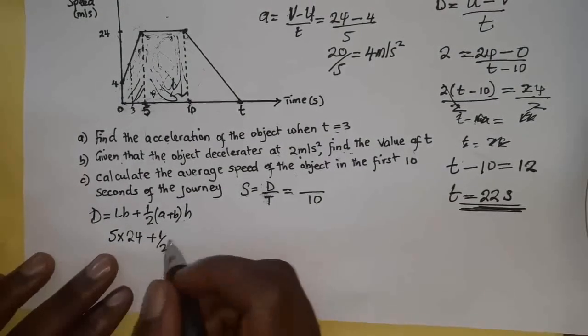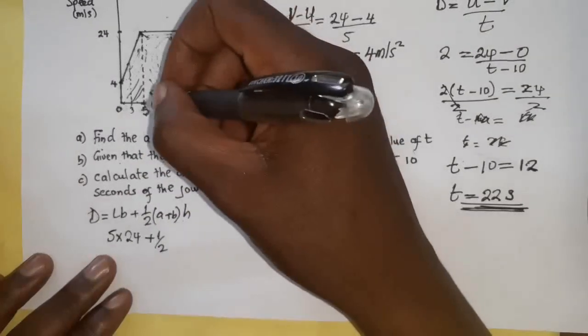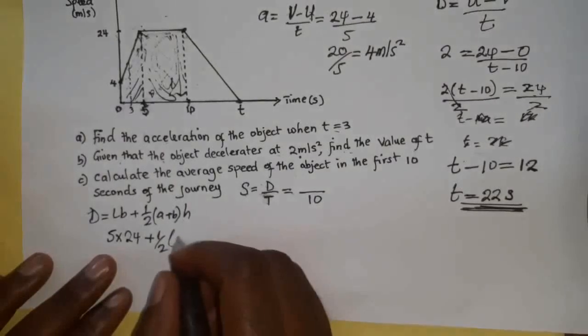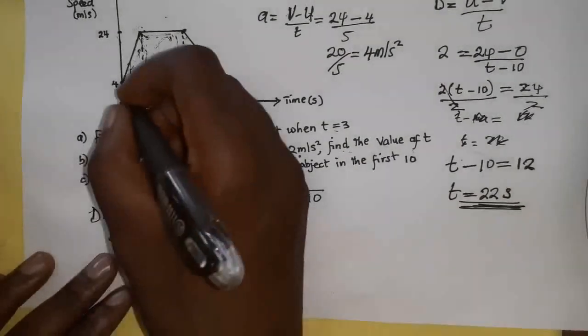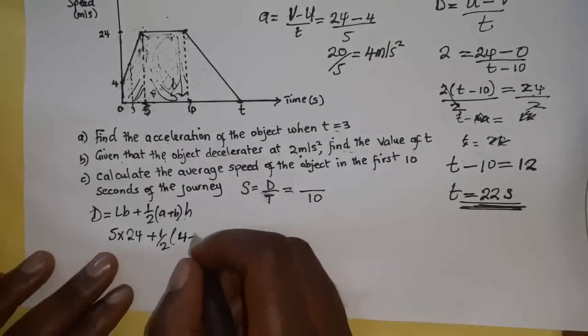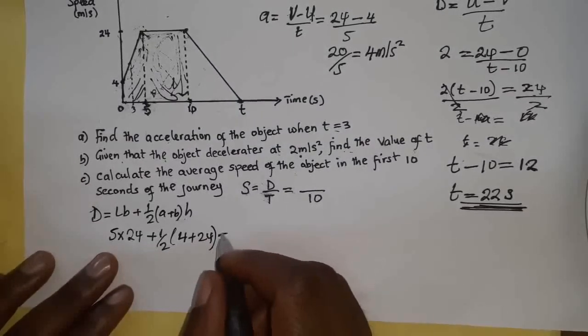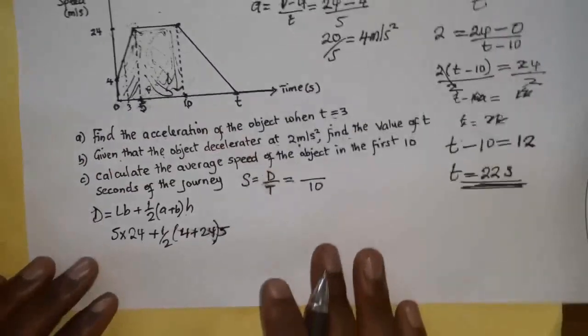Then here we have 1 over 2. Remember the parallel sides are the ones that are A and B. So you have 4 plus 24, then this side is 5, which is the height.